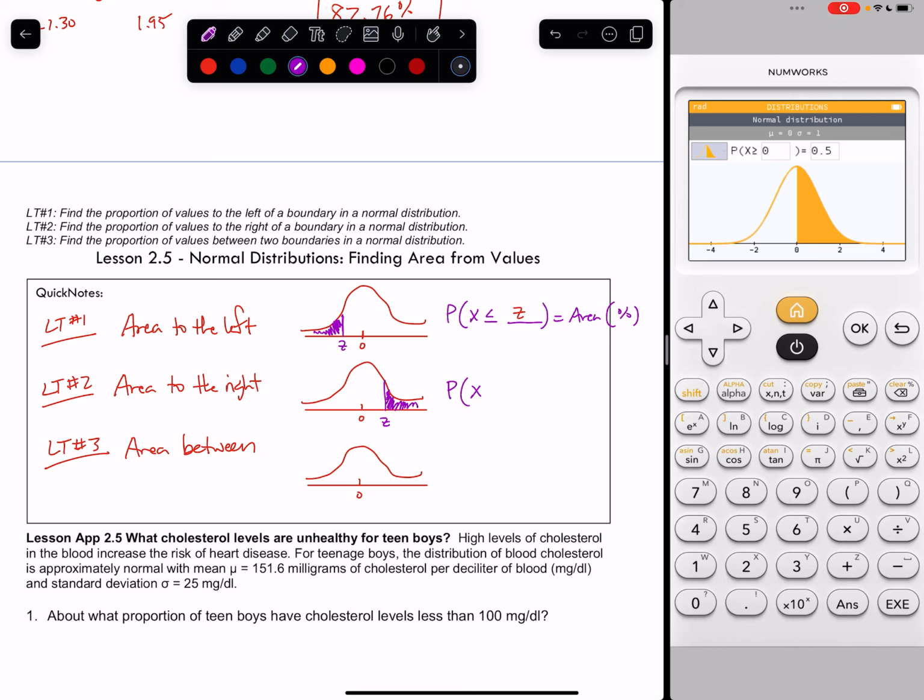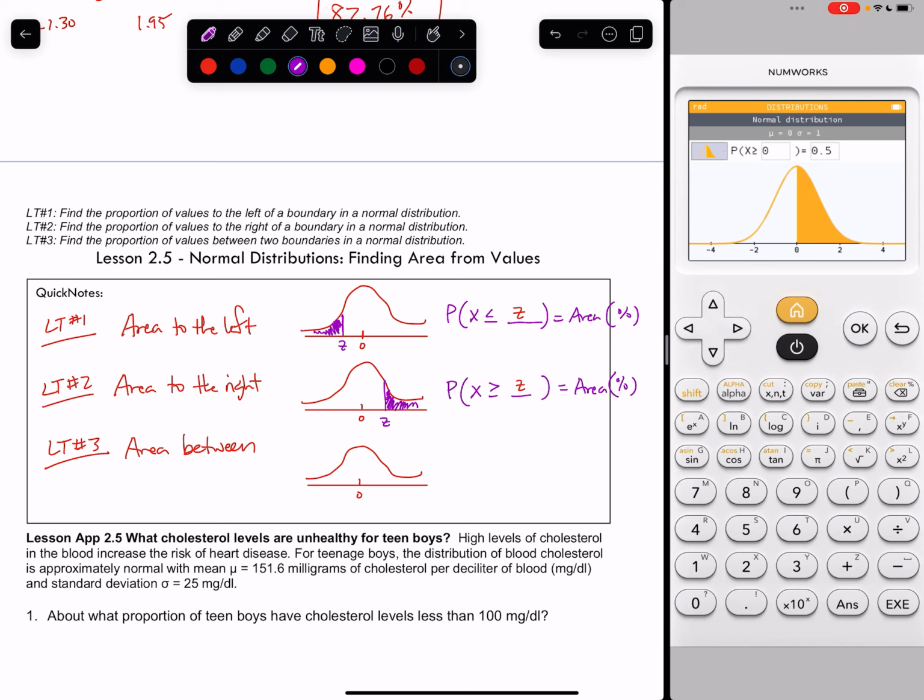So x has to be greater than or equal to our z-score. And that is our area, our percentage. It gives it to us as a decimal, so we still have to convert it, but I think you guys get the picture.